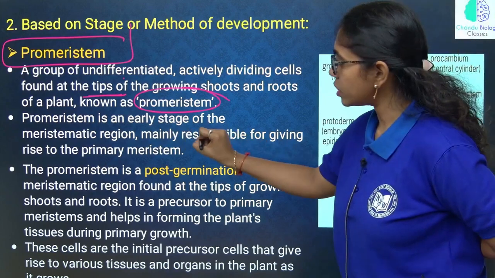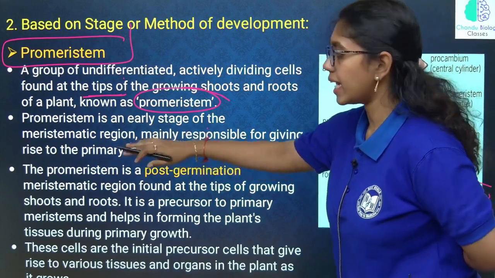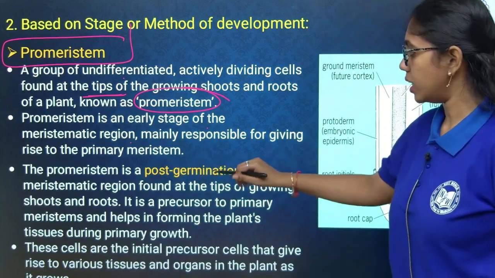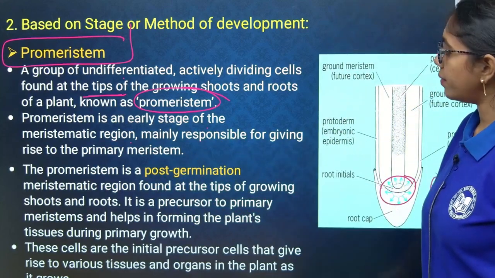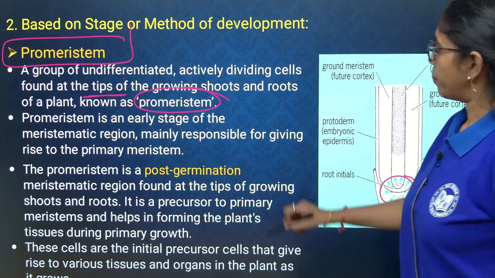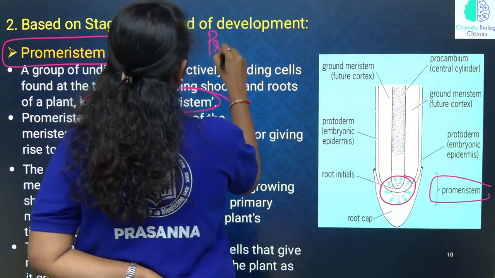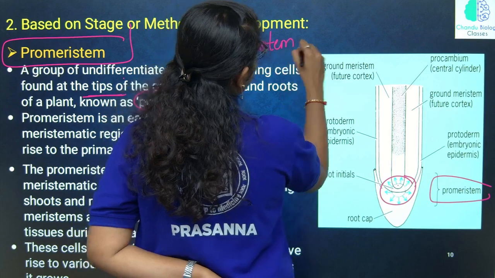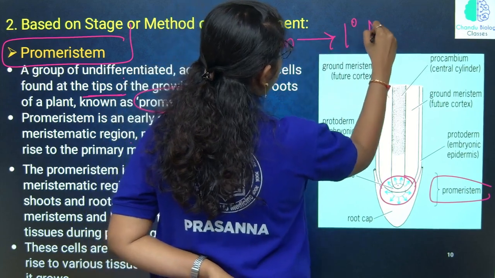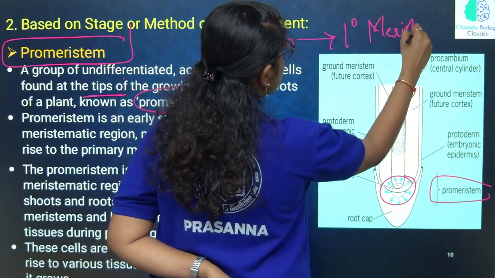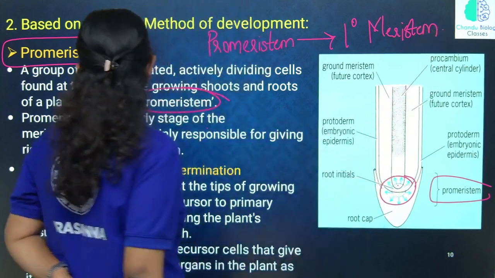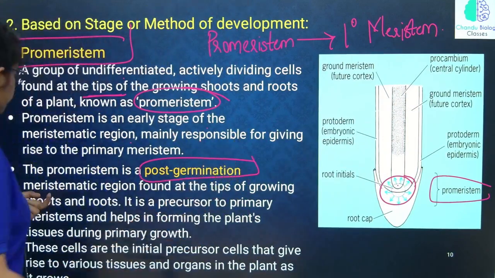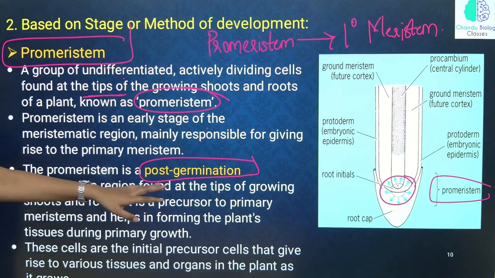Promeristem is an early stage of meristematic region found at the embryonic stage, mainly responsible for giving rise to primary meristem.